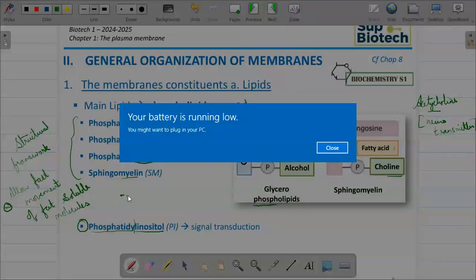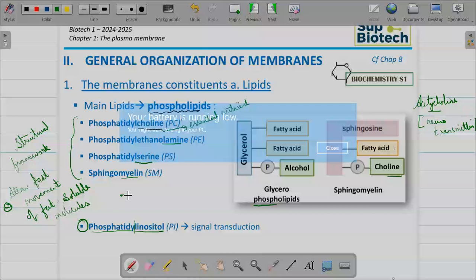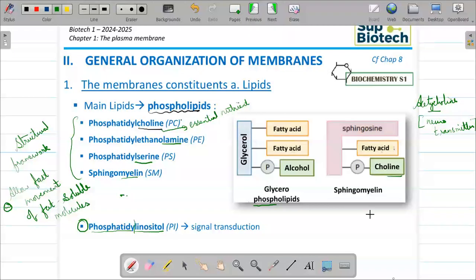You're asking about sphingomyelin, right? In sphingomyelin we have a structure, that pink color structure, sir. Oh, you want to know what sphingosine is? Okay, no problem. I'll tell you.